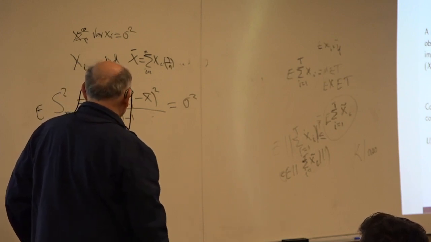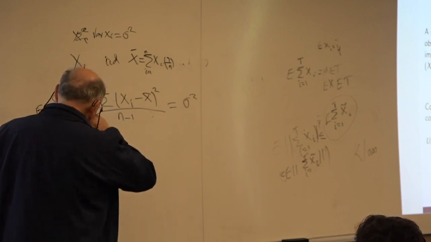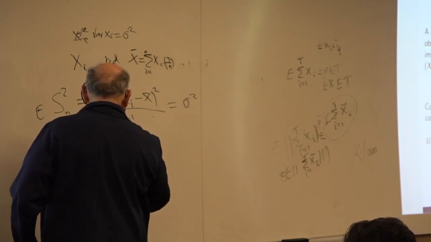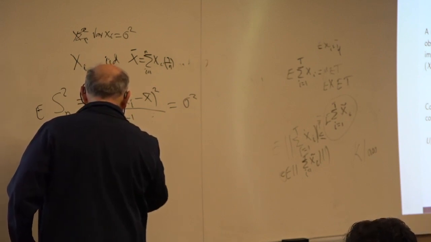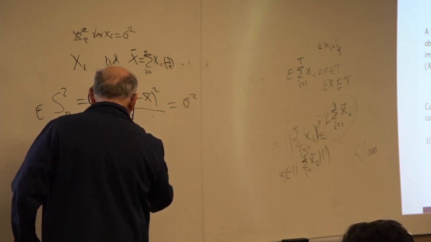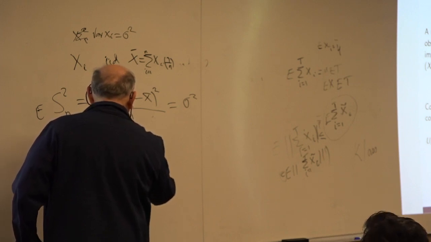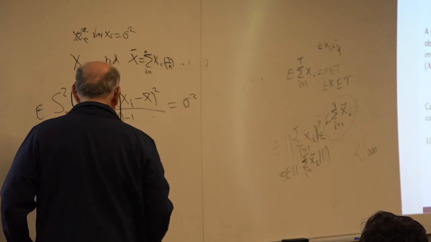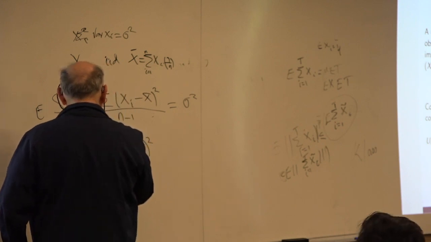Now, this can be written as the sum over i going from 1, i less than j less than or equal to n, of xi minus xj square times a function of n.